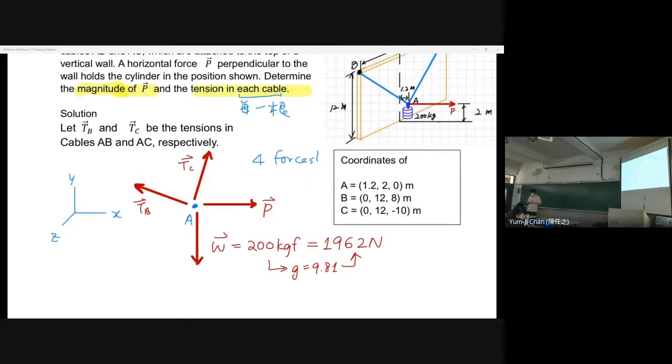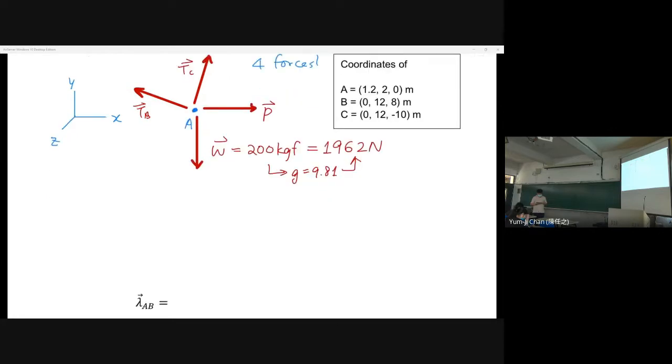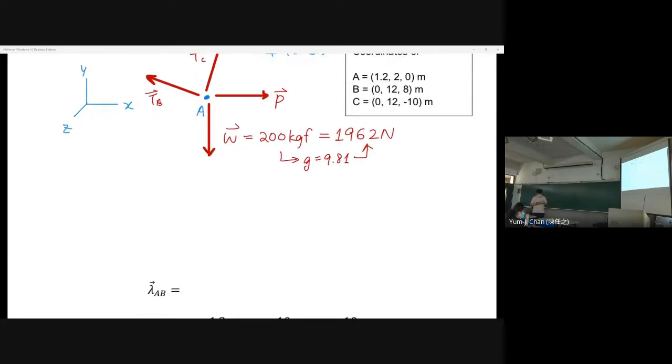TB is in the direction of AB, and TC is in the direction of AC. So we simply use the method on the last page, page 16, and we will go through the SOP once.